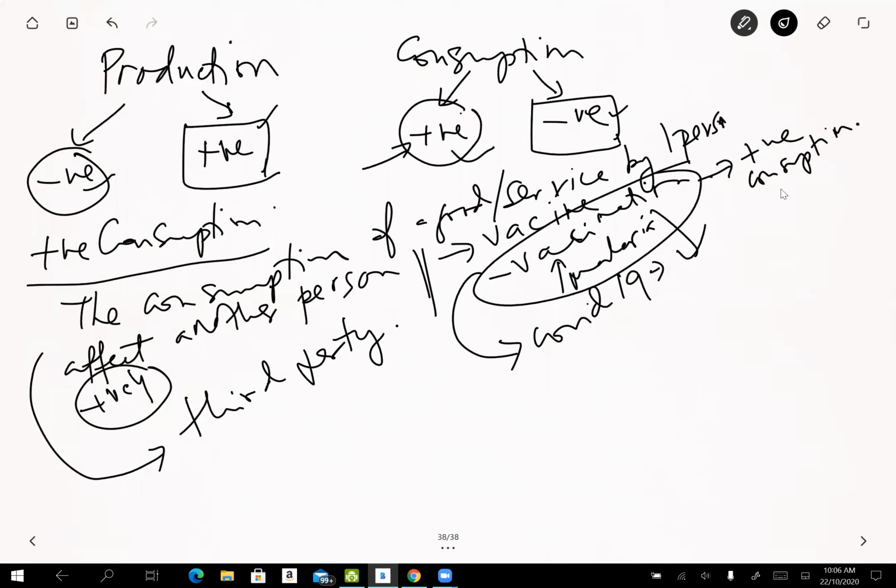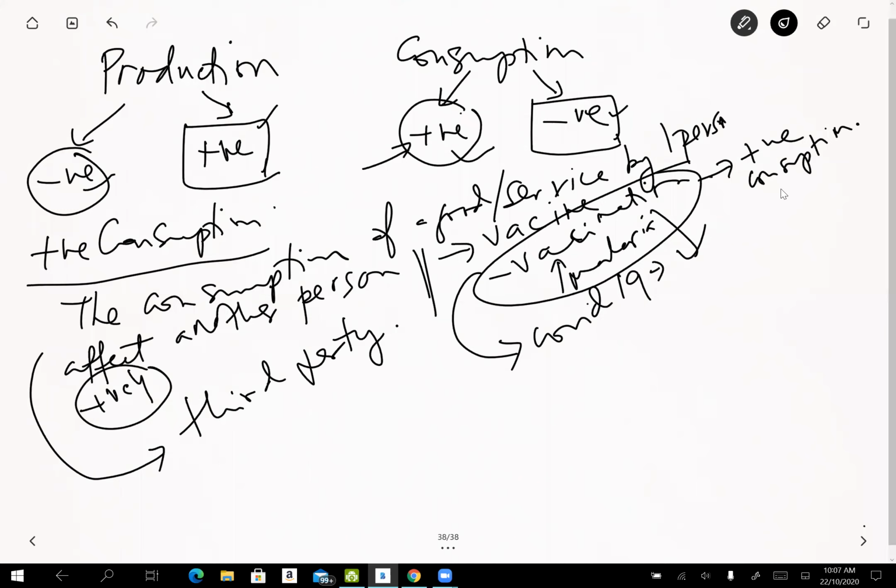In simple examples of positive and negative consumption externality, you can see quite a number of them. But for positive consumption externality, these are a few examples. So the benefit to the society from consumption of that good would be higher than the benefit to the persons involved in the market.